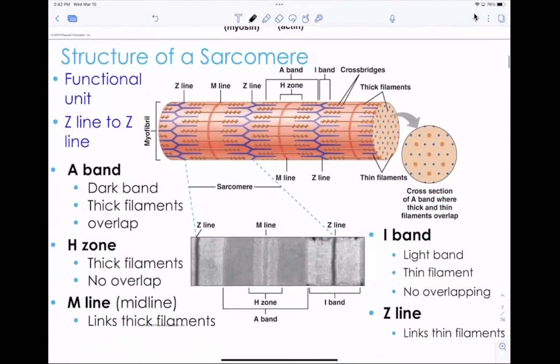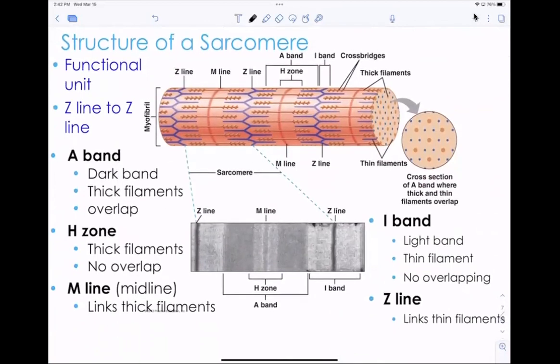Looking at the structure microscopically of a sarcomere on a myofibril, we just look at one. We have thick and thin filaments. Now, the real name for a thick filament is myosin, and thin filament is actin. So we need to remember that first. Actin is the thin filament, myosin is the thick filament.